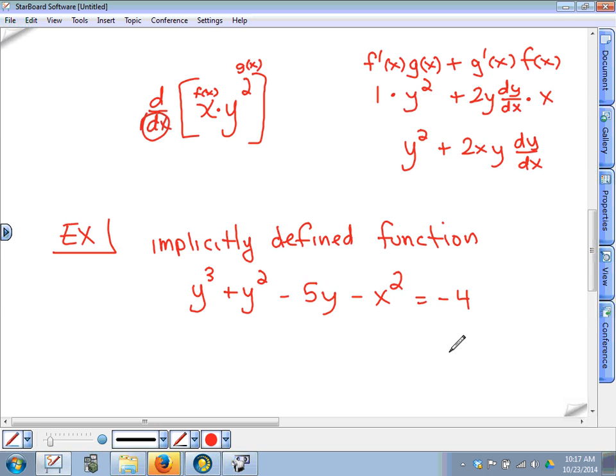This is defined implicitly because we have x's and y's on the same side, and there is a way we could try to get y by itself, but it's dang hard. So we're just going to leave it like it is, defined implicitly. That's what implicit means: x and y are on the same side. And we're supposed to find dy dx.